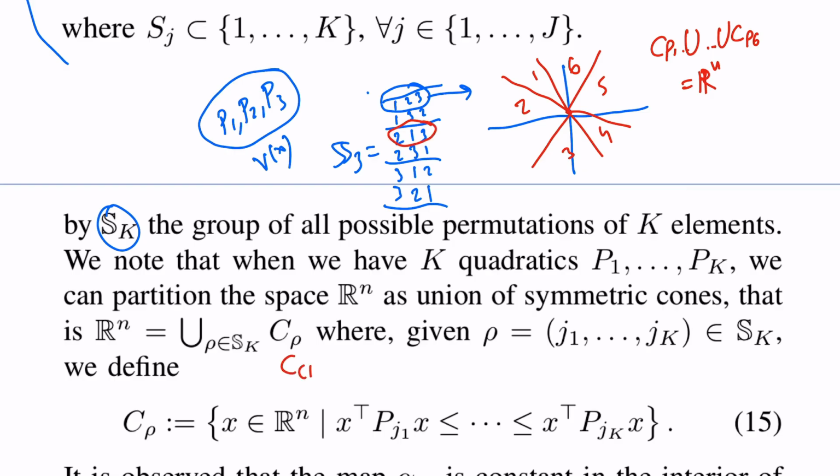When we say 2, 1, 3, what do we mean by that? We basically mean P2, P1, and then P3.